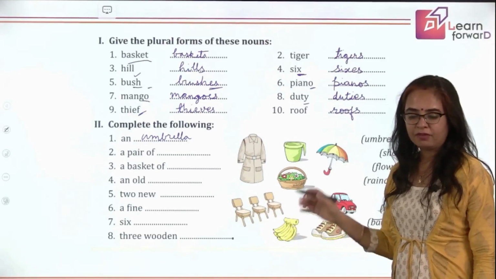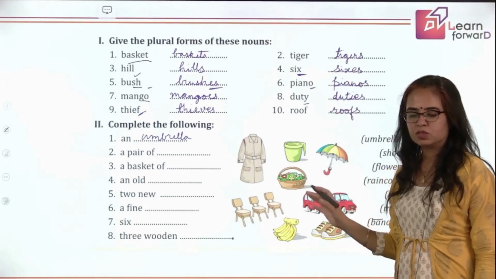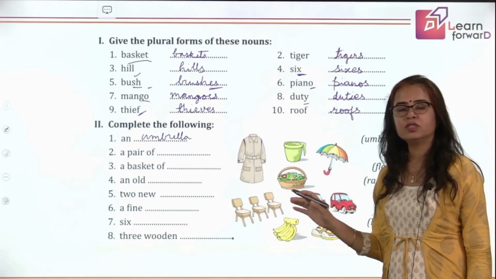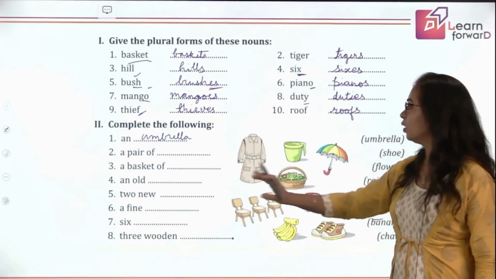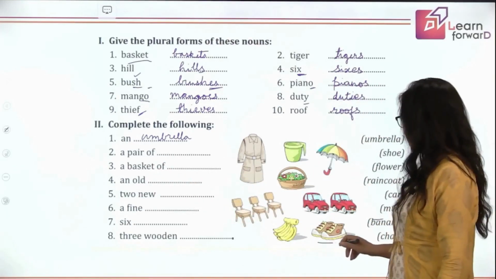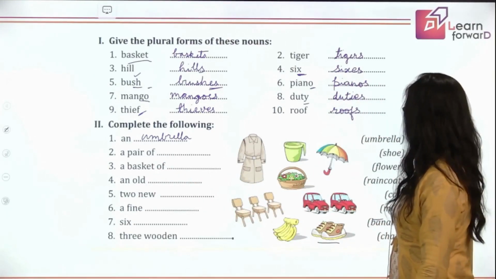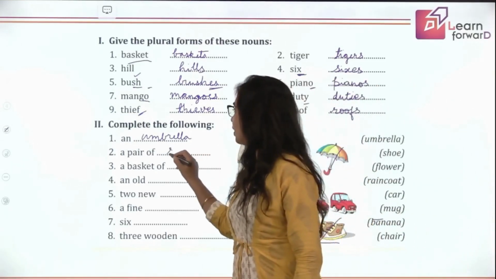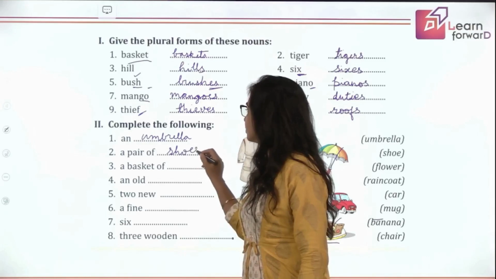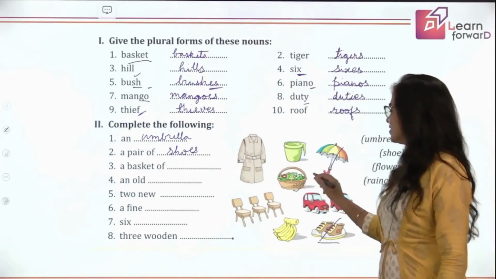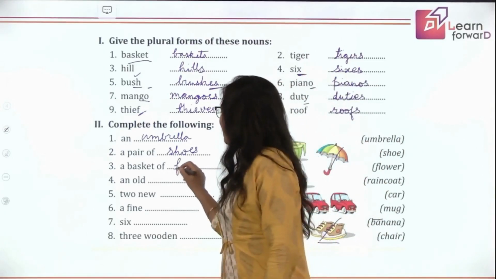I have told you a few words that are always used in plural. And when we are talking about their singular, what do you use? A pair of. So here we are talking of a singular pair of what? Yes, a pair of shoes. So your umbrella is done and your shoes is also done. A pair of shoes. And it's a basket of, good, a basket of flowers.